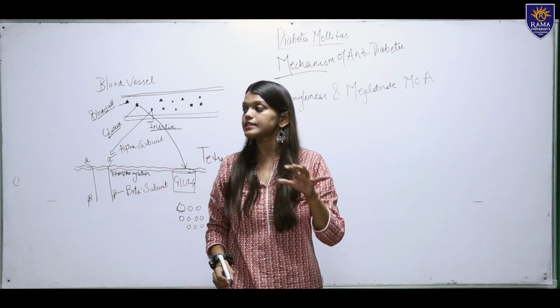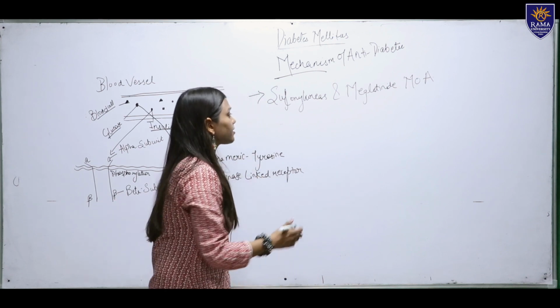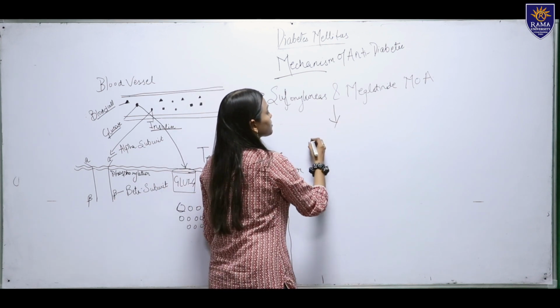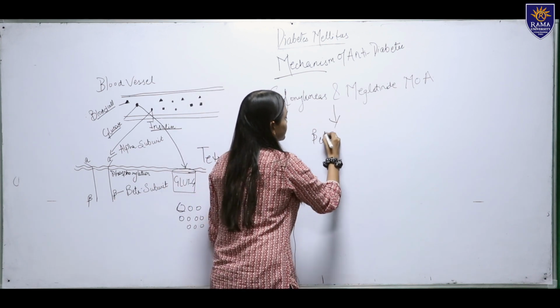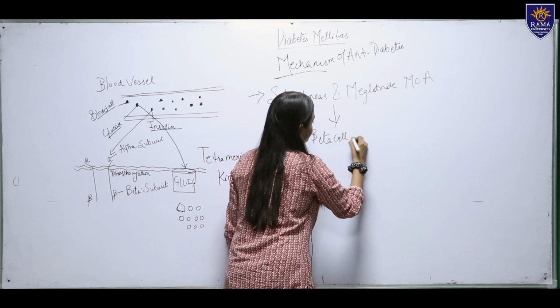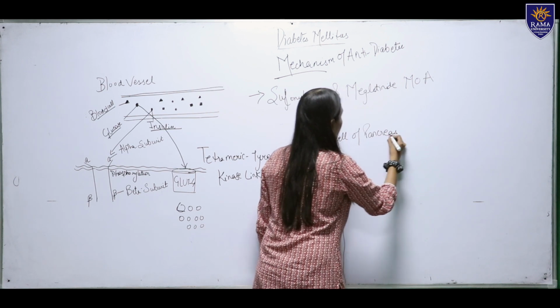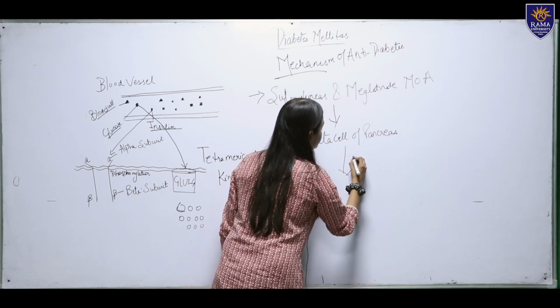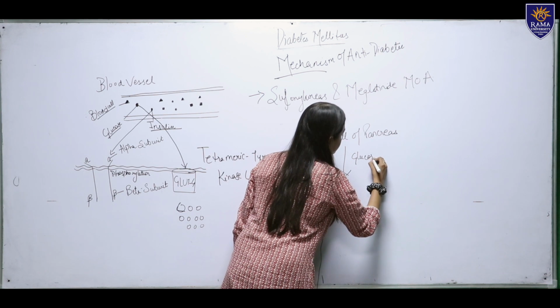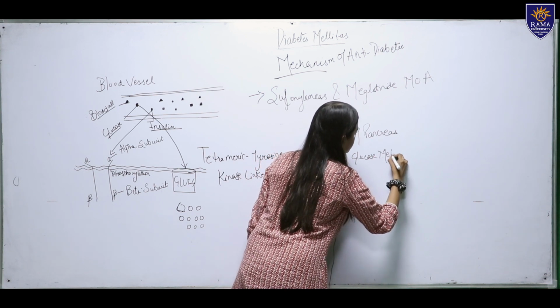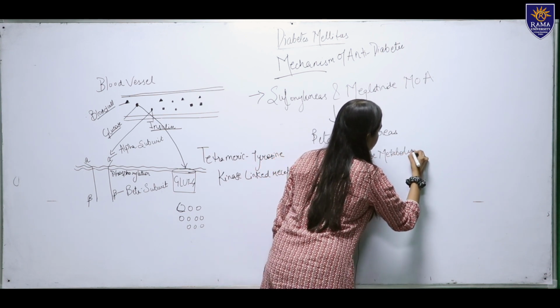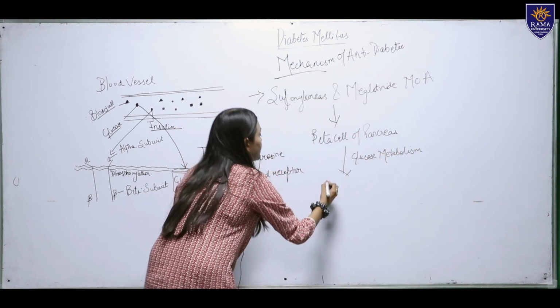How do they increase the insulin secretion? Basically, in the beta cells of the pancreas, after glucose metabolism, ATP is produced.